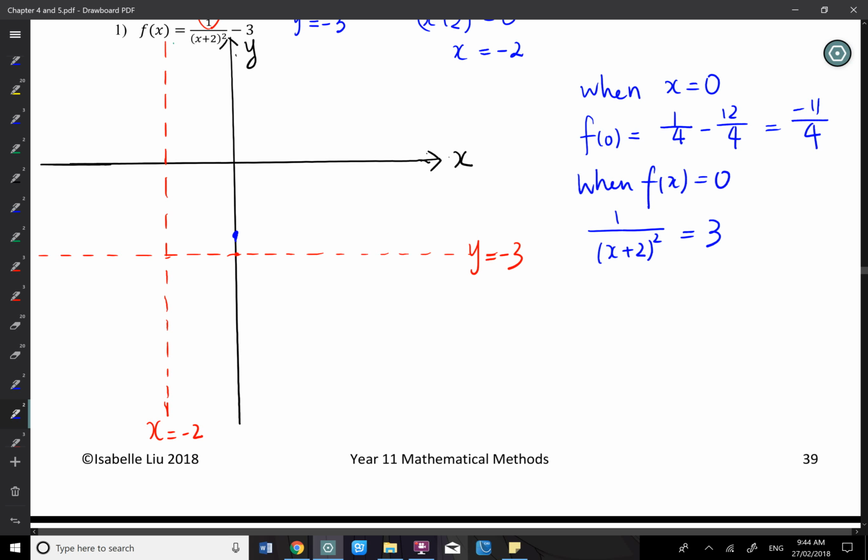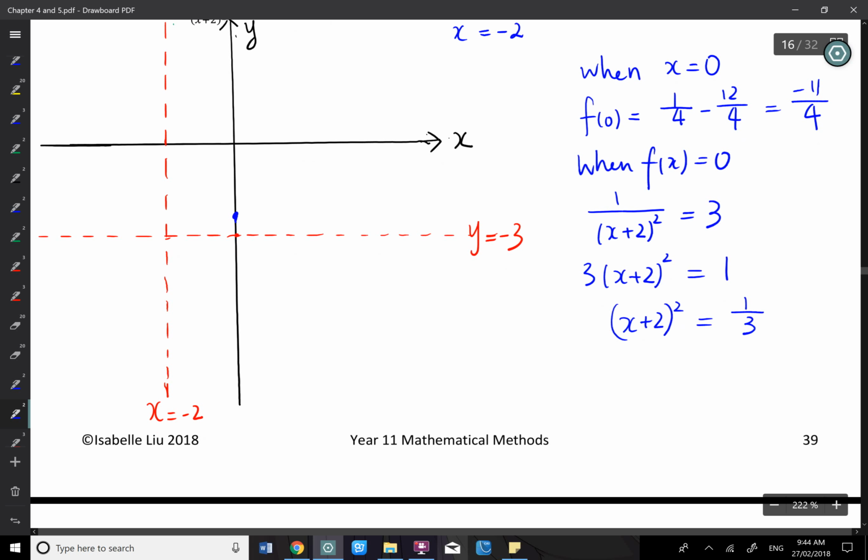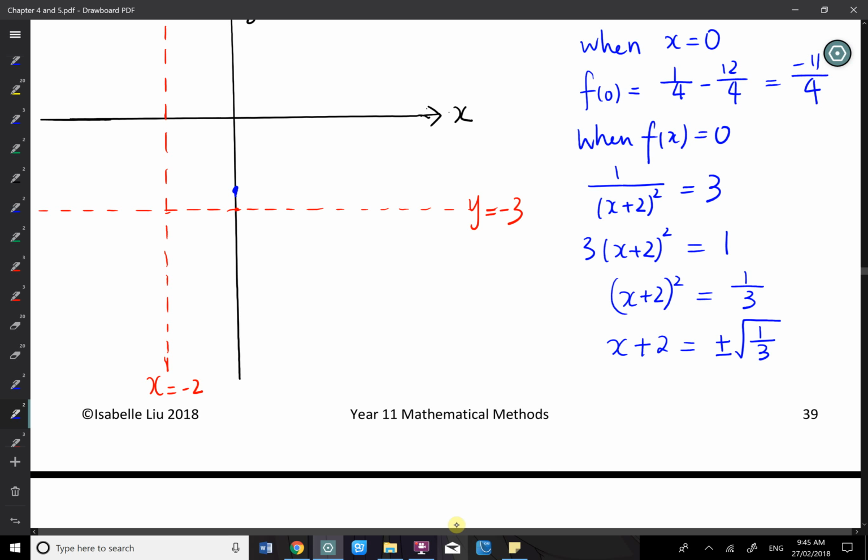So 3 times (x plus 2) squared equals to 1. (x plus 2) squared equals to 1 over 3. x plus 2 equals to plus minus square root of 1 over 3. x equals to plus minus square root of 1 over 3 minus 2.